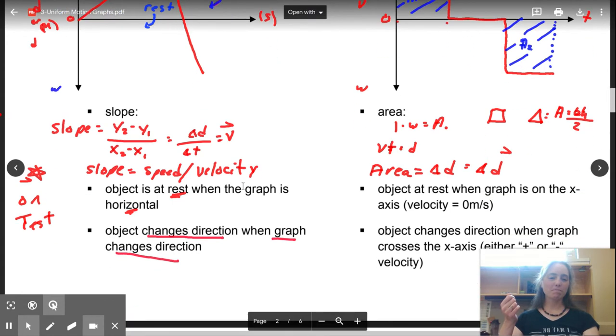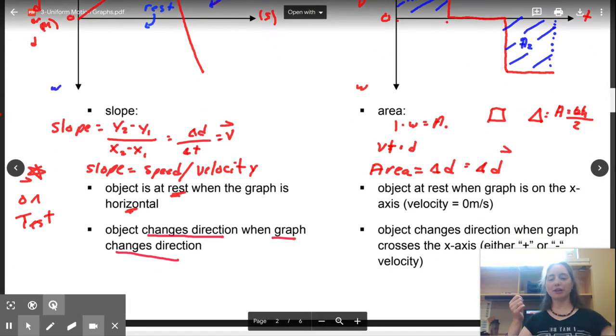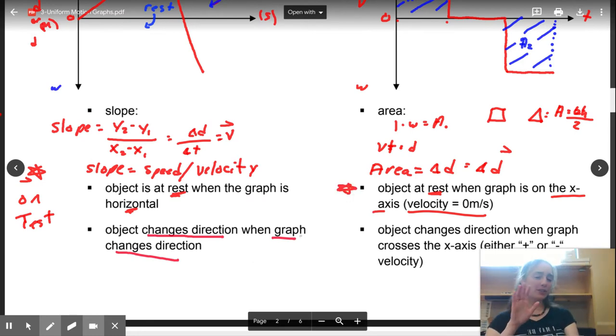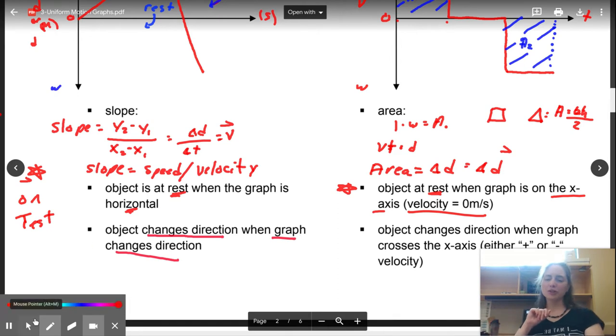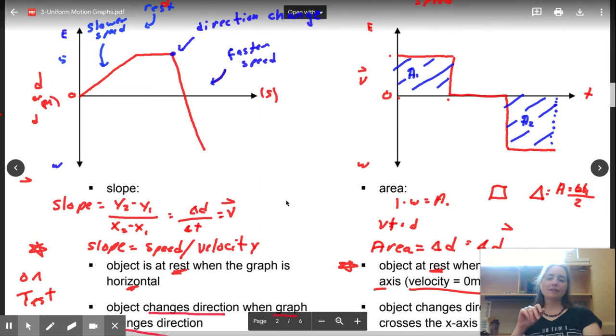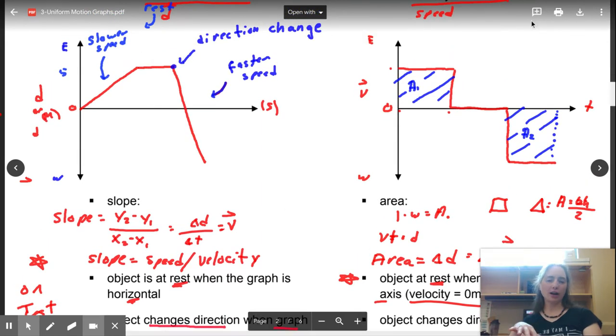So, ladies and gentlemen, a couple of other key points. When an object is at rest on a velocity time graph, it's on the x-axis. So that's very different. This is where I tend to see most of the confusion: the difference between reading the two graphs. The two are very different. This is the velocity time graph.